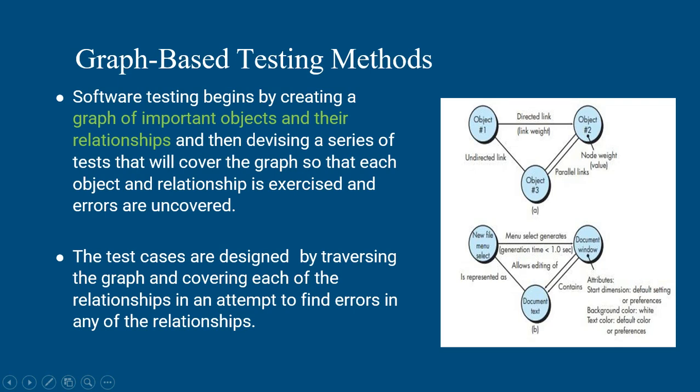Between object 1 and object 3 there is a line but no direction, so we call that an undirected link. Between object 2 and object 3 there are two directions, that is, the data or node values pass from object 2 to object 3 as well as from object 3 to object 2.